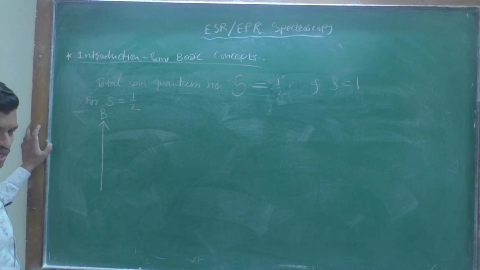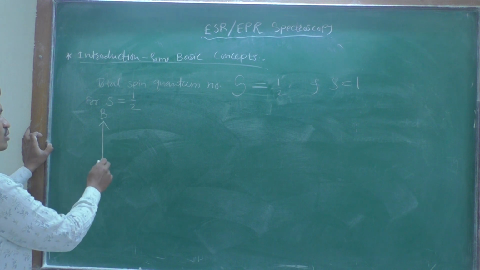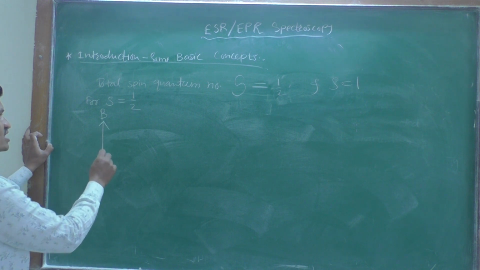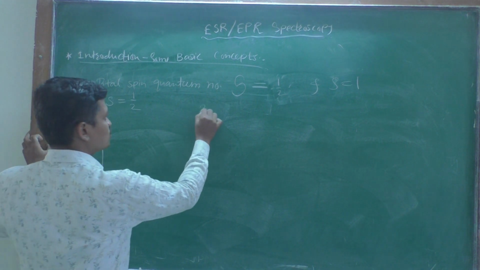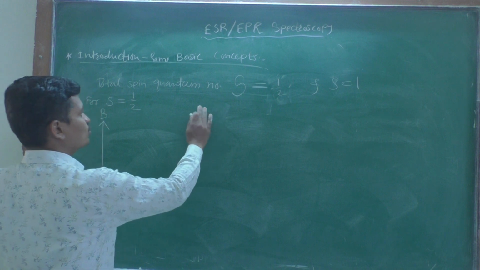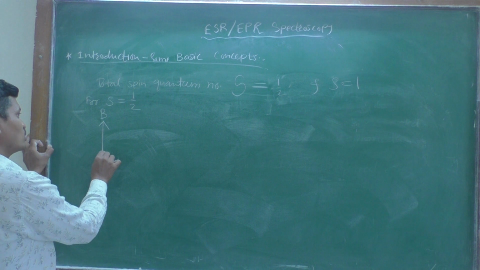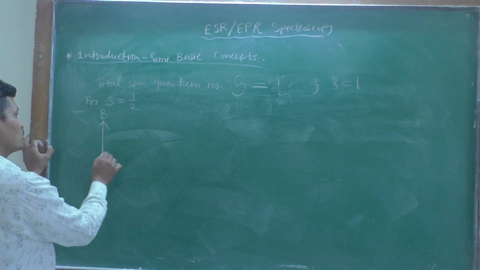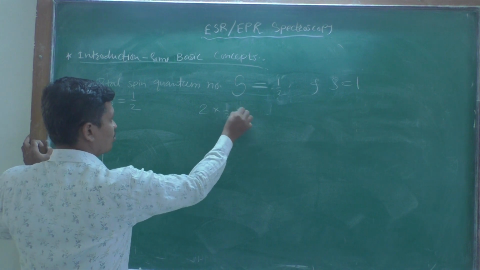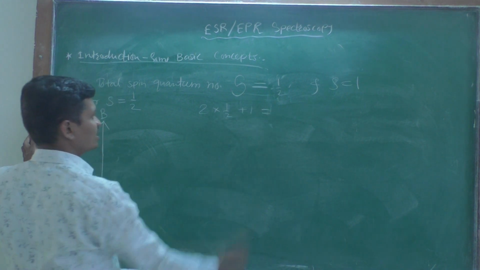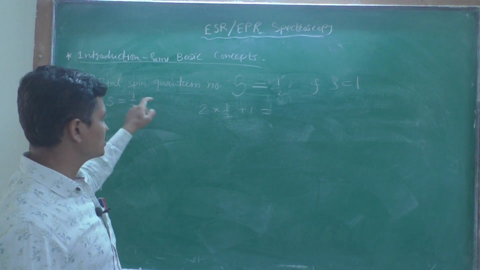The possible ms values are given by the formula 2s plus 1, where s is the total spin equal to 1/2.